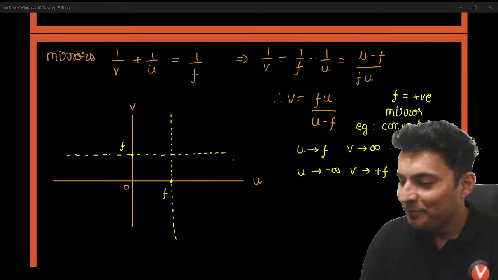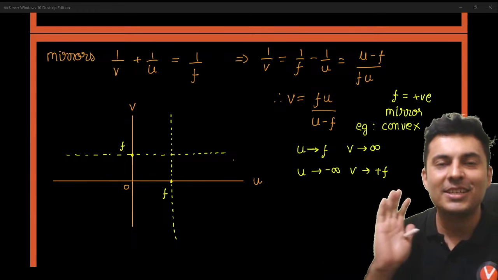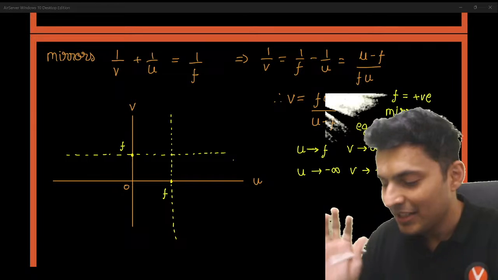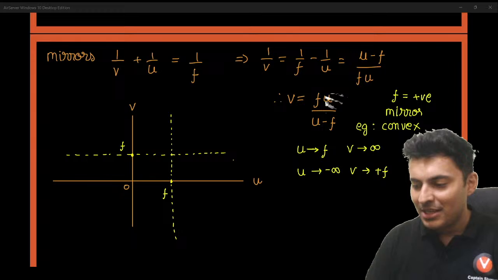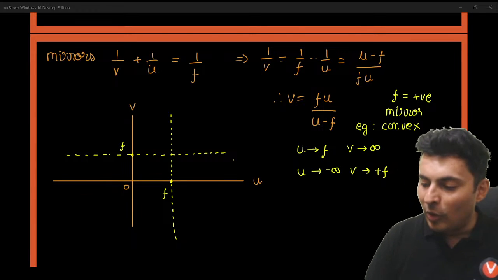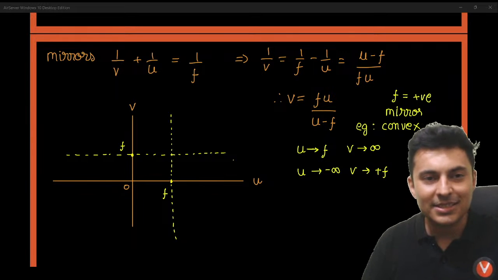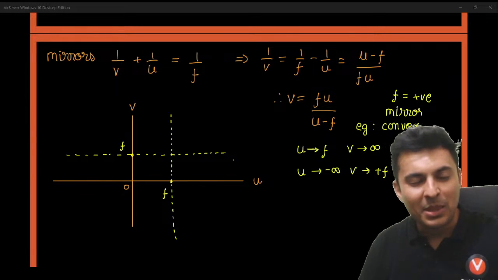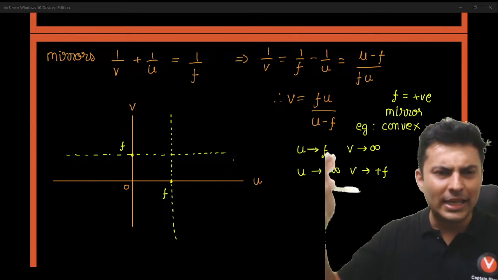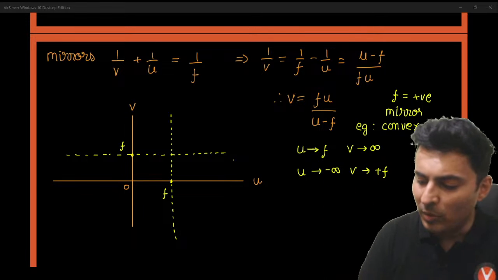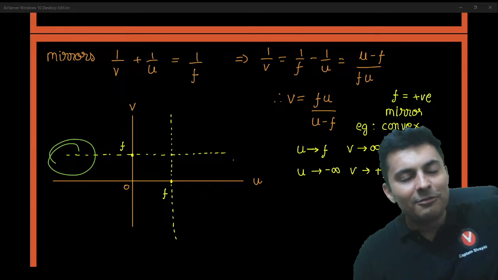So now, my dear students, the rest of the graph will simply be curved lines. Where those curves come is very important. Imagine if the object distance is negative, for example minus infinity, very far away.